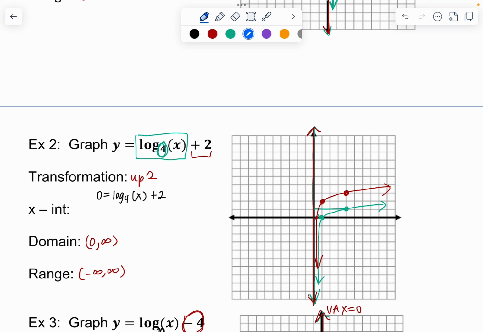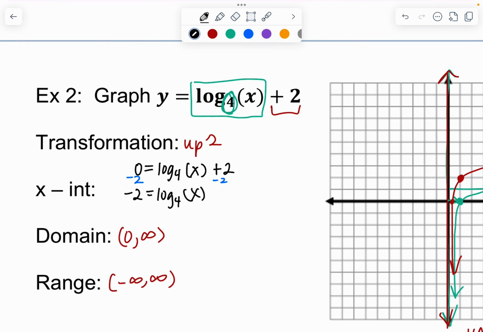And so your first step would be to subtract 2 from both sides. And then once you've isolated this log, you're ready to convert to exponential form. So the base is 4 to the -2 equals x.